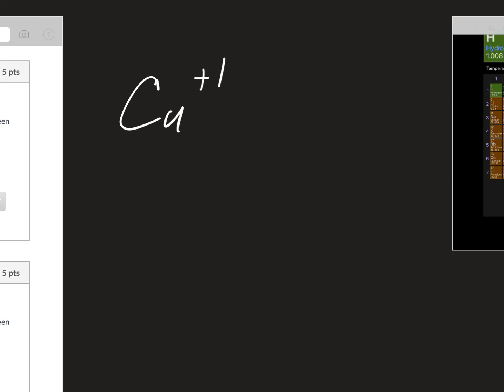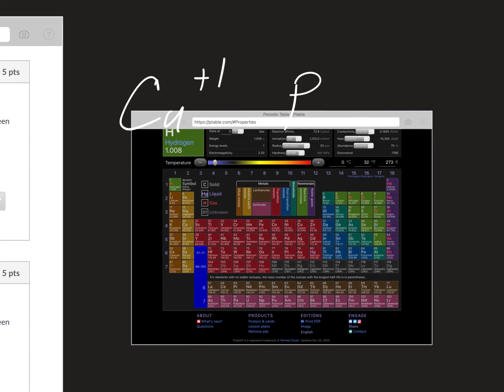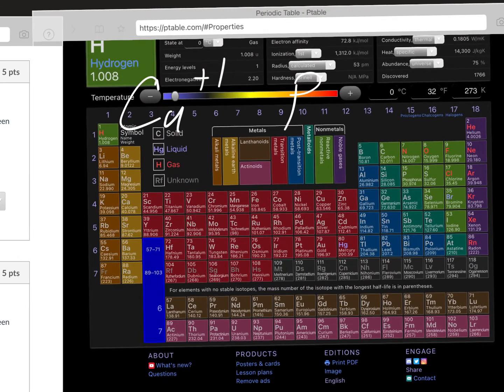Cu +1, P we don't know yet. We have to look on the periodic table. Periodic table, see right here. We have P, that's phosphorus. Notice that it's 1, 2, +3, -4, -3. So phosphorus is a -3.